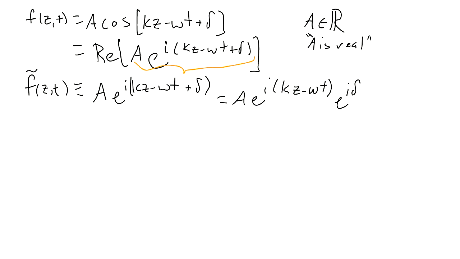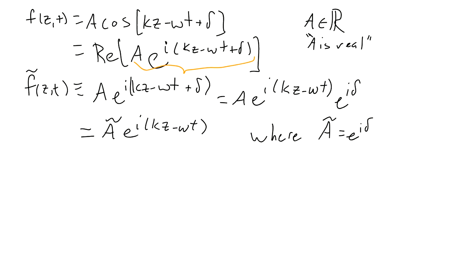So I can write this again and just capture the oscillatory part, and what I'm doing is folding that phase constant, e to the i delta, the phase factor, into my complex amplitude.